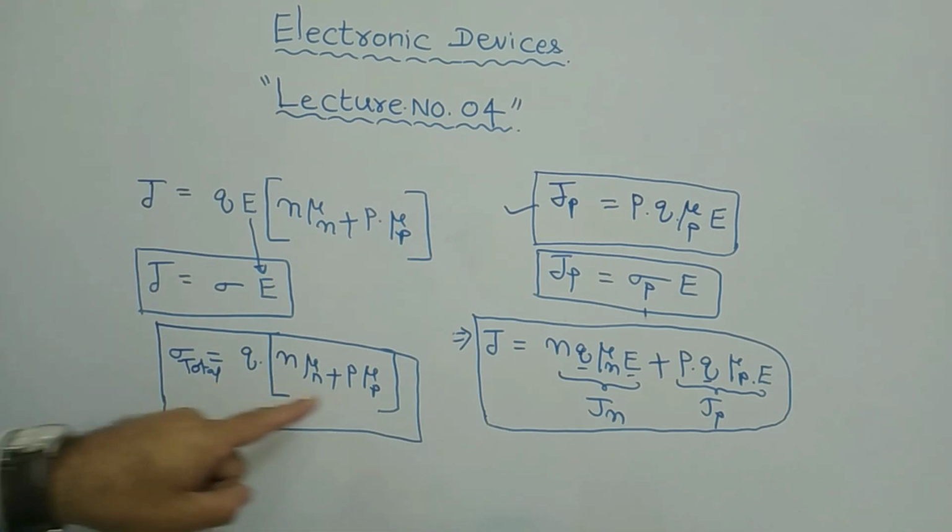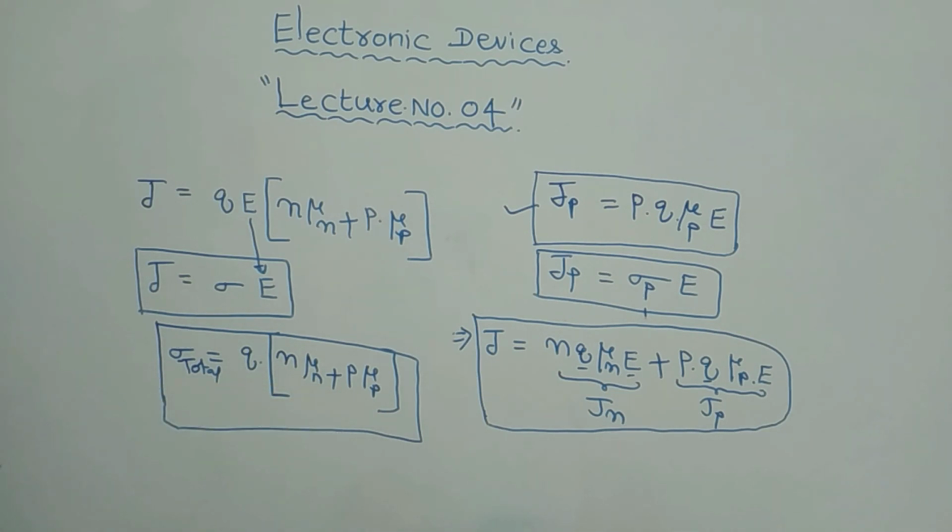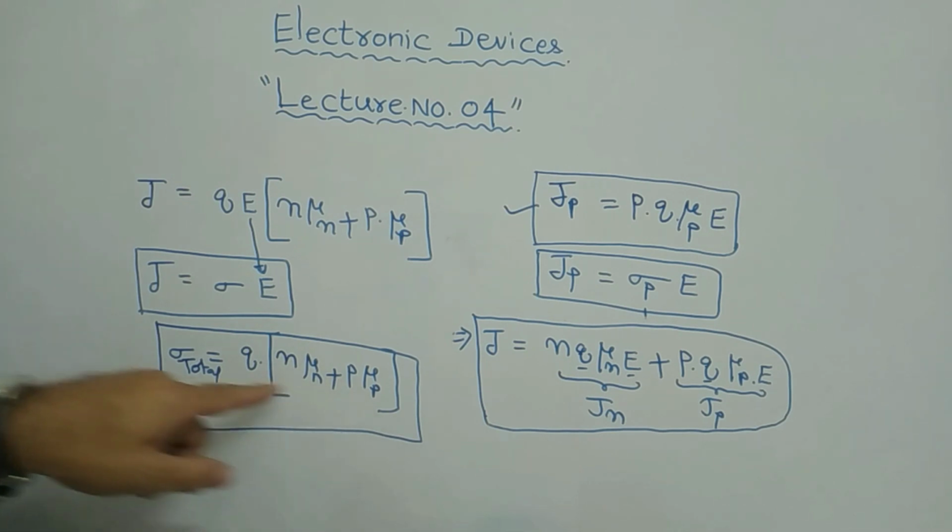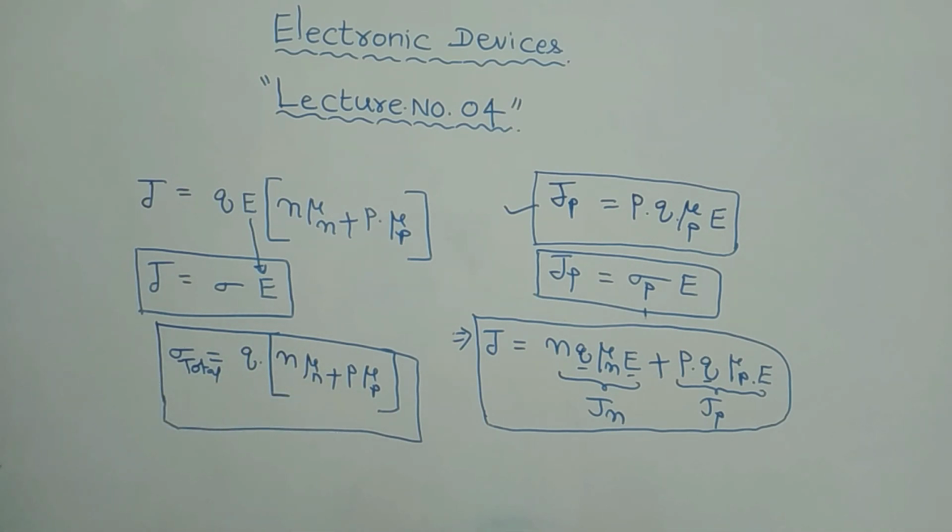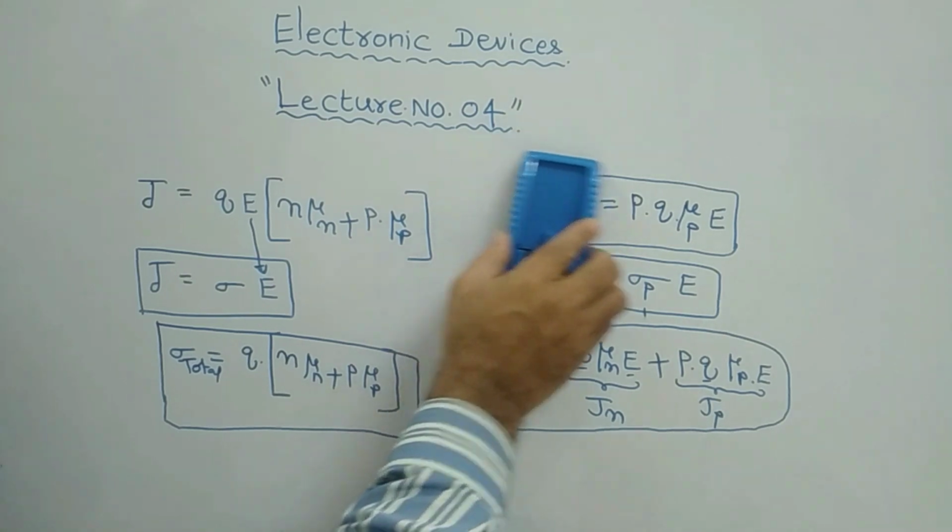This is called the total conductivity of a semiconductor. And in most cases, in semiconductors, we have two classifications.